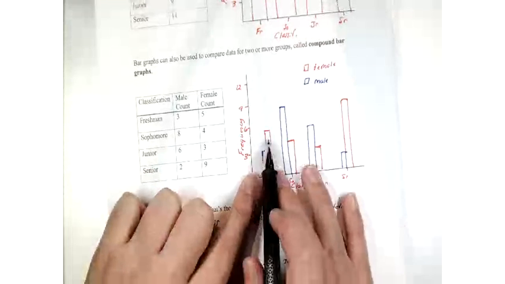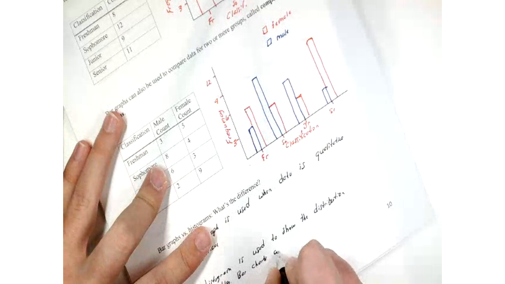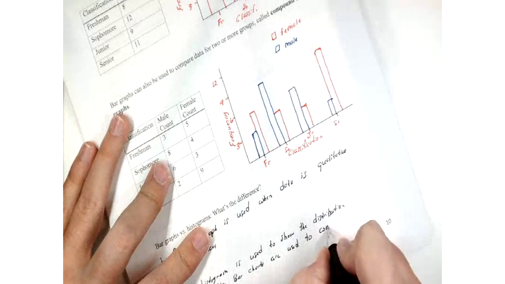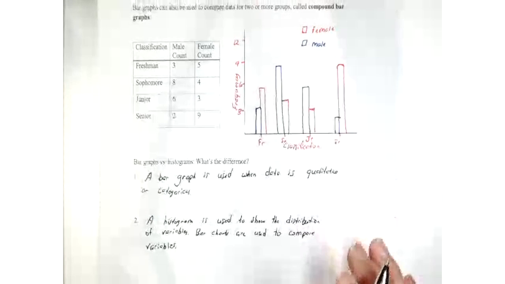So here we had male and female. We want to compare the 2 and see which one has more frequency in a certain class. So bar charts are used to compare variables. So, does that make sense to everyone?